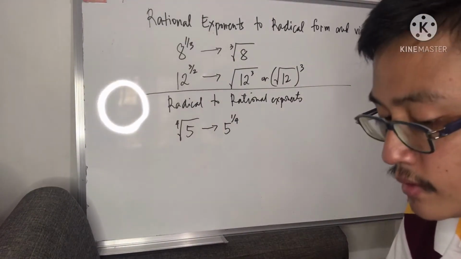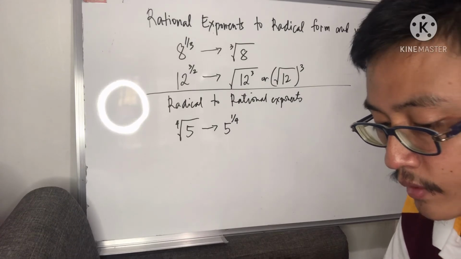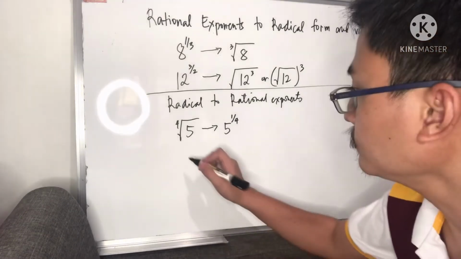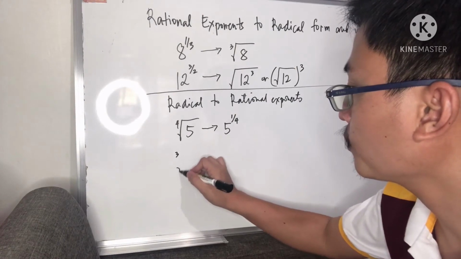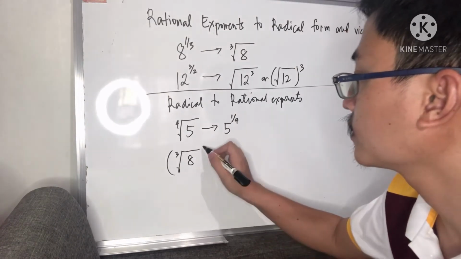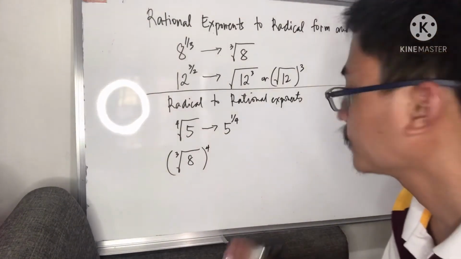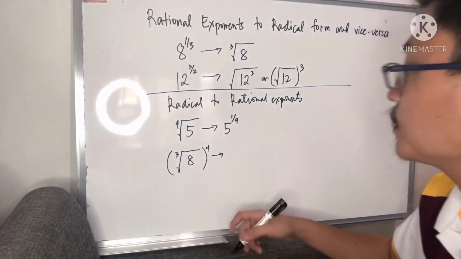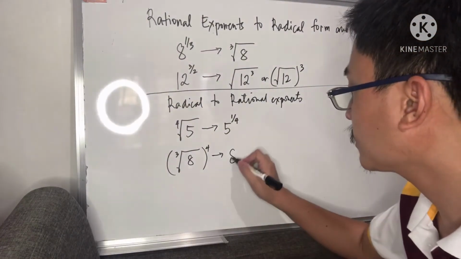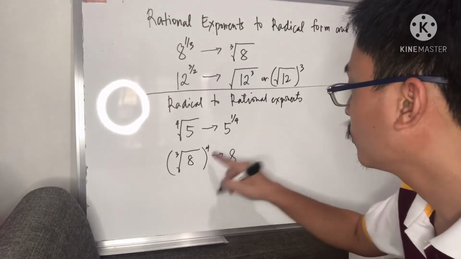Okay, next, let's say we have the cube root of 8 raised to the fourth power. So that becomes 8 and then raised to, una to, no?